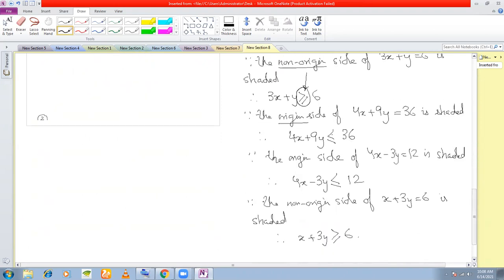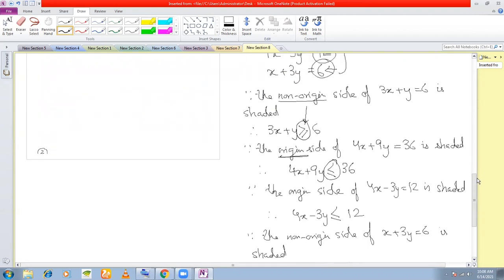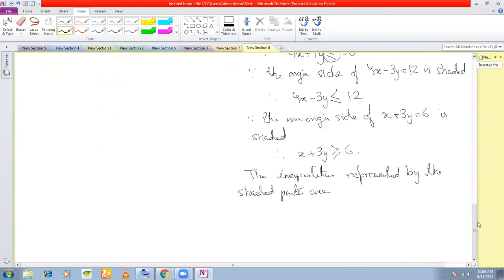That means what are the inequalities? Similarly, if the origin side is shaded, we'll introduce a less than or equal to. So therefore, what are the inequalities? The inequalities represented by the shaded part are 3x plus y greater than or equal to 6.